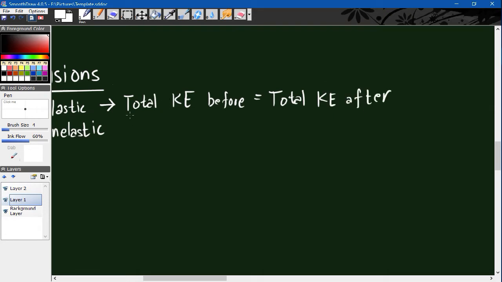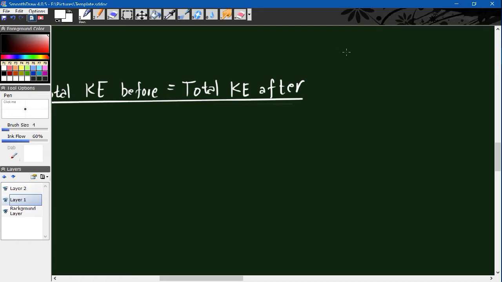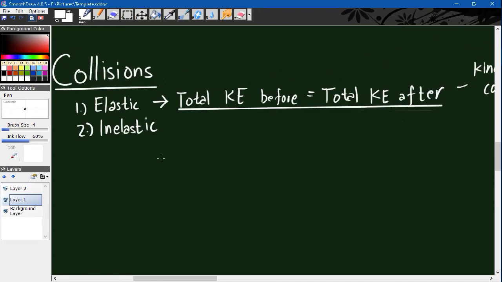In other words, it just means energy is conserved. Well, to be specific, kinetic energy. That's what it means to be an elastic collision.